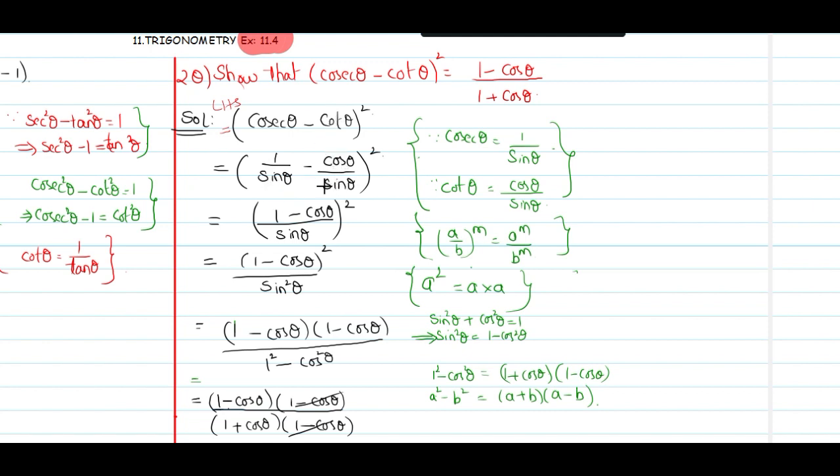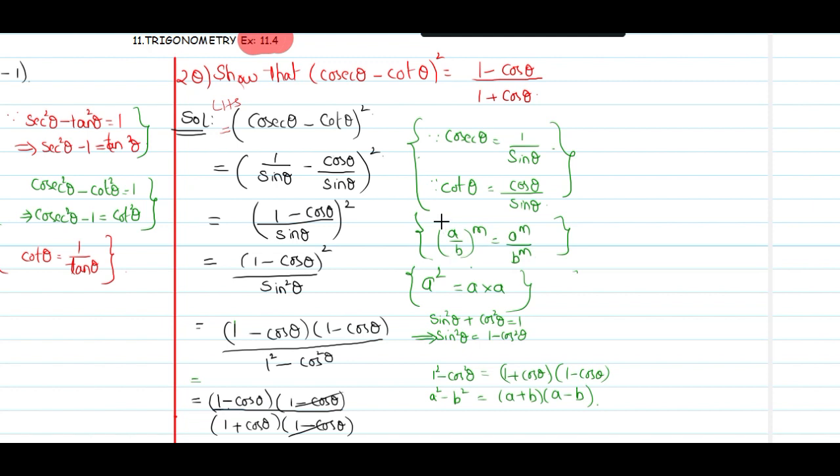Do we have the same denominator? Yes. So, because both the fractions have the same denominator, we will write it once, and the numerator will be written as it is, 1 minus cos theta. Now, we know the law of exponents that a by b whole to the power of m is nothing but a to the power of m by b to the power of m.